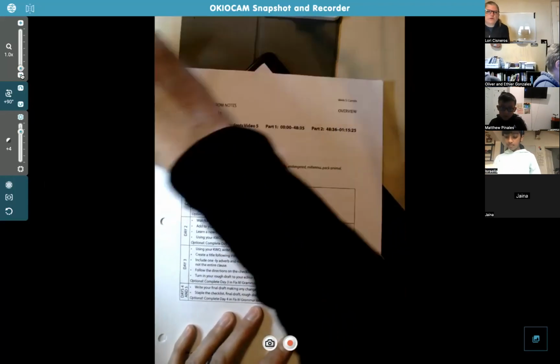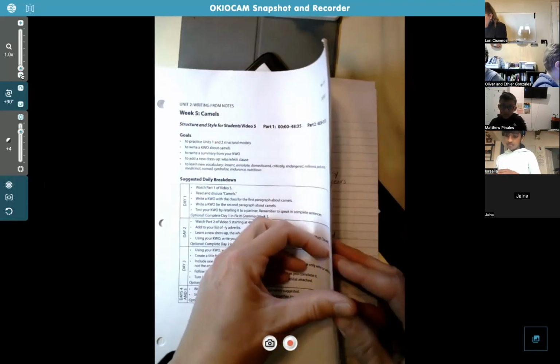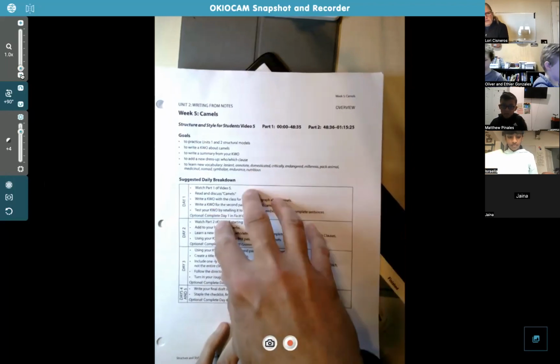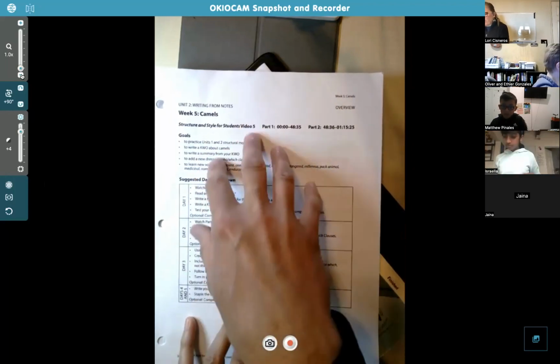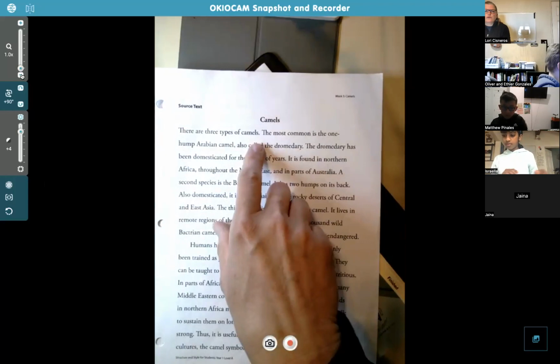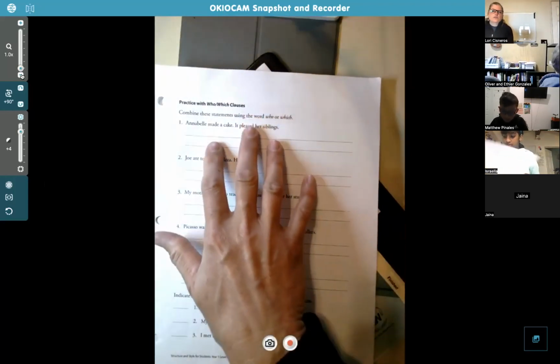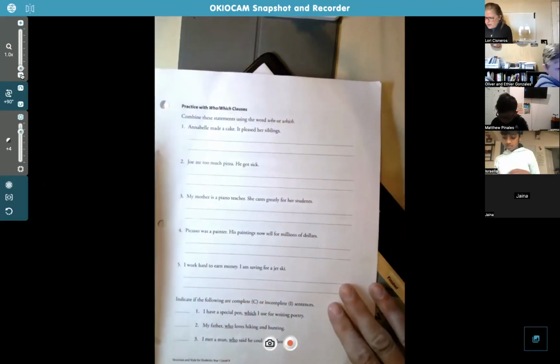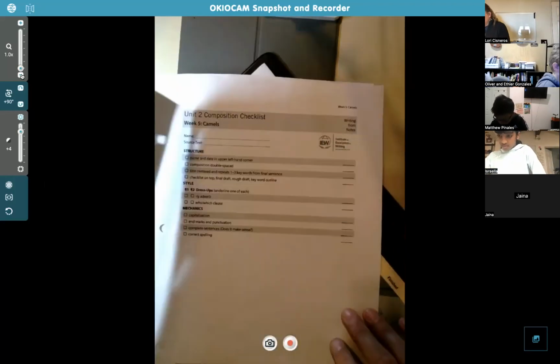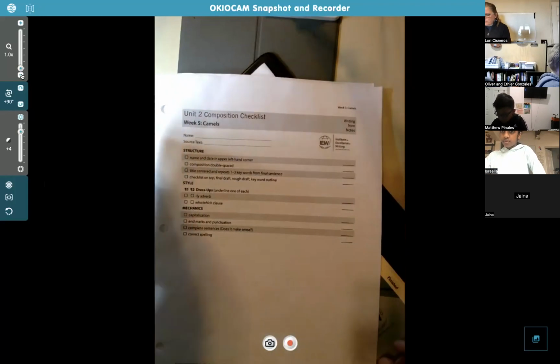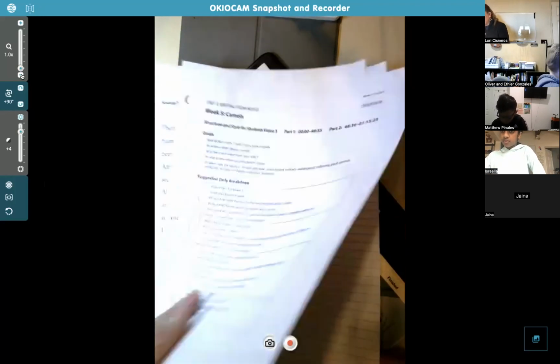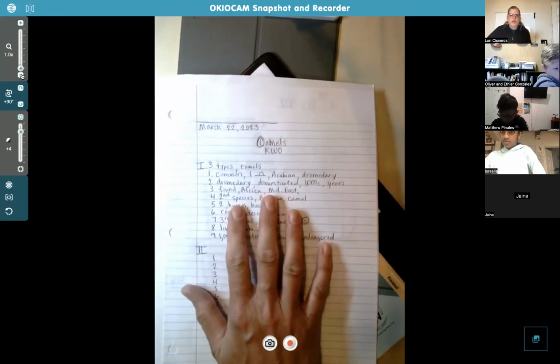So all of the papers for camels, like this one, which is the cover, the overview, the actual story camels, this page with the who, which clause practice, and your checklist and your keyword outline and your story.